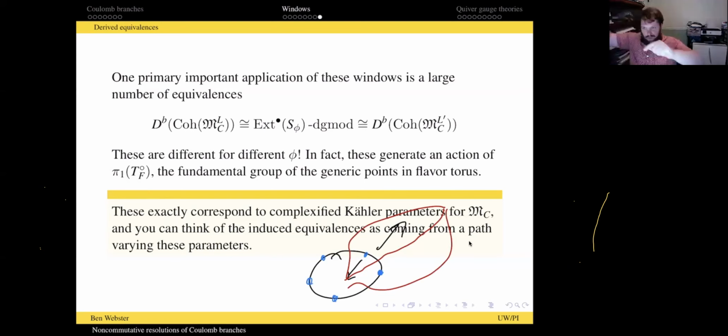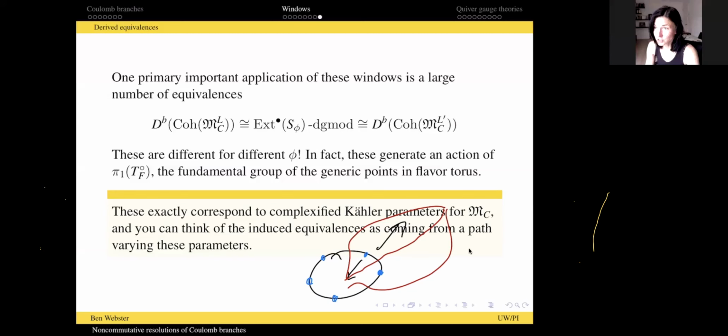And if I go through one gap going one way using one choice of phi and go through another gap the other way using another choice of phi, I'll get some interesting autoequivalence of this derived category of coherent sheaves. And these are exactly these.